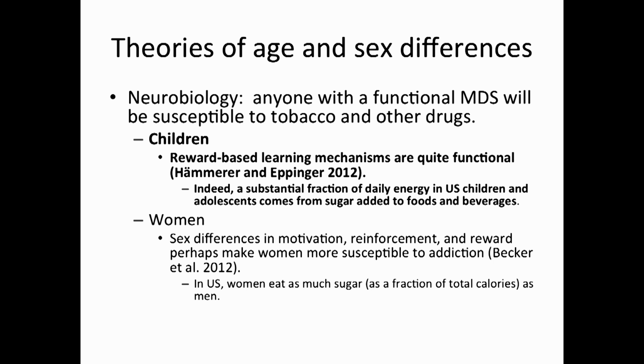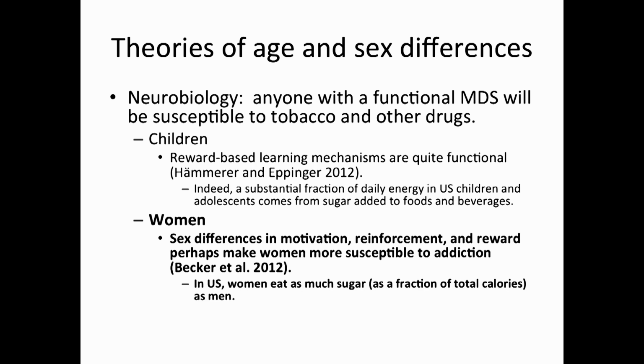Among children, their mechanisms are indeed quite functional, and if you look at the fraction of their daily diet in terms of sugar, a highly rewarding substance, they indeed take a substantial fraction of their diet in sugar. So it's clear that the mesolimbic dopamine system, or the reward system of children, is functioning. It's working.